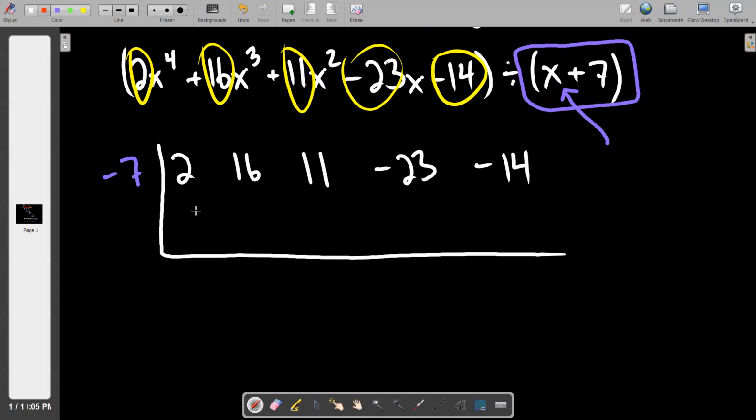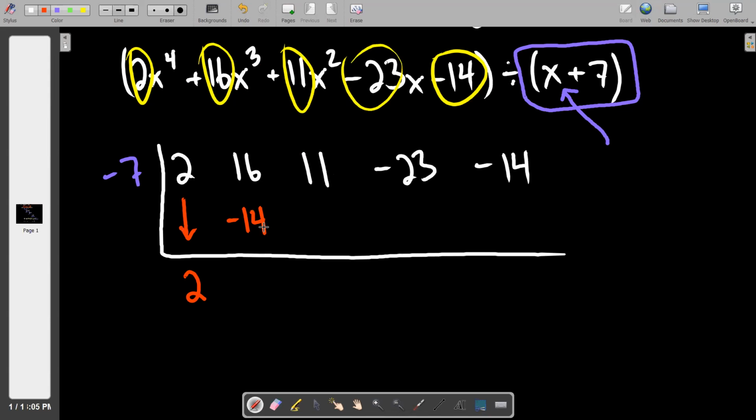Step 1: drop the 2. Step 2: see my purple number on the outside, negative 7? See the red number down below, positive 2? Multiply those. What do you get? So I'm going to stick negative 14 right there.